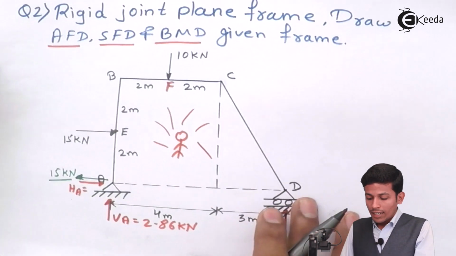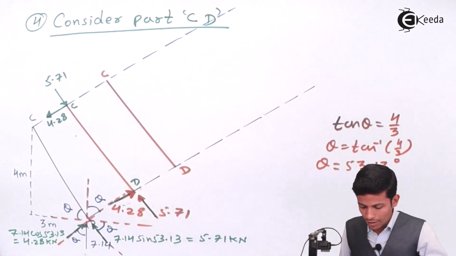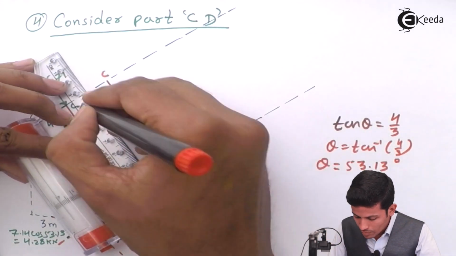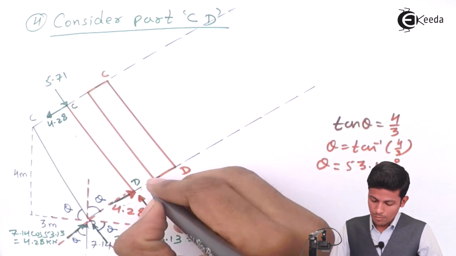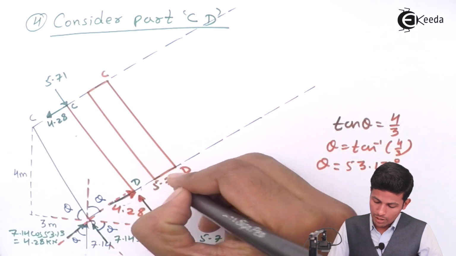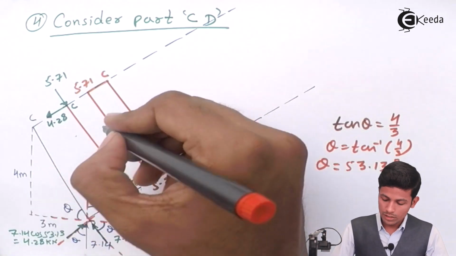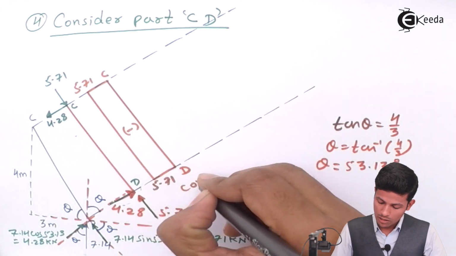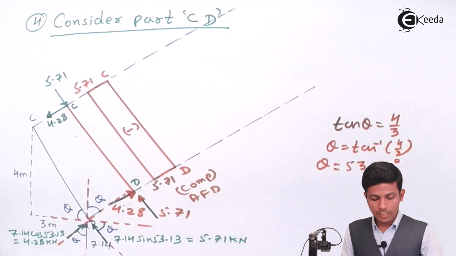Minus is nothing but inside the frame. Means you have to draw inside the frame. So this will come over here like this, inside the frame. Okay. How much does it come? 5.71. Okay. Now this is minus sign or compression AFD. Okay. Now draw the SFD part.